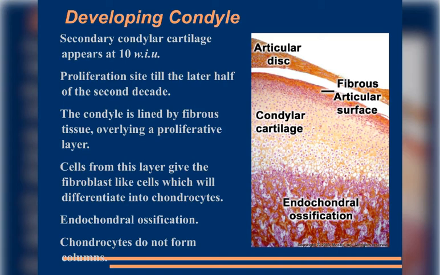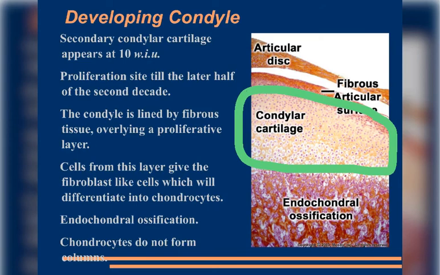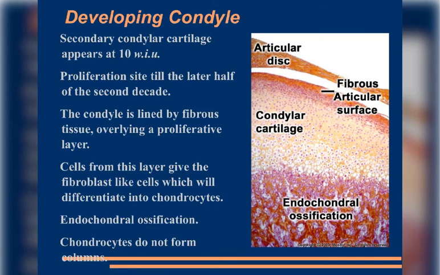Chondrocytes do not form columns. The chondrocytes in the condylar cartilage zone do not form columns like in the case of long bones. Many bones in the body are formed by the process called endochondral ossification.